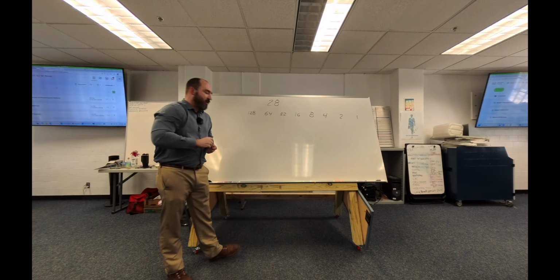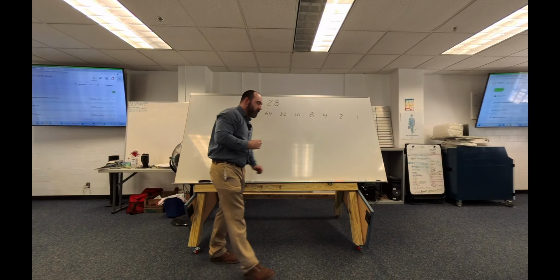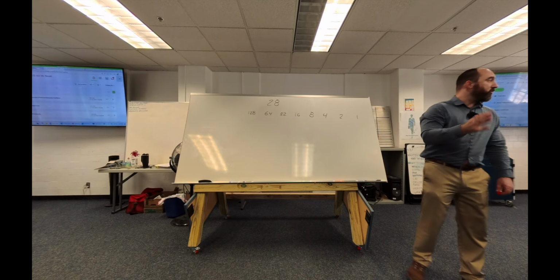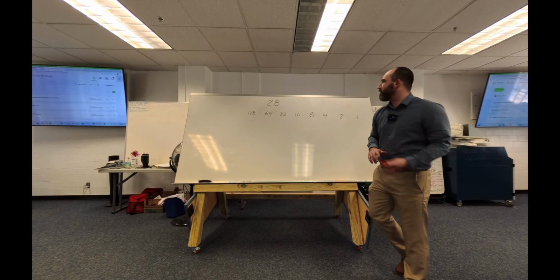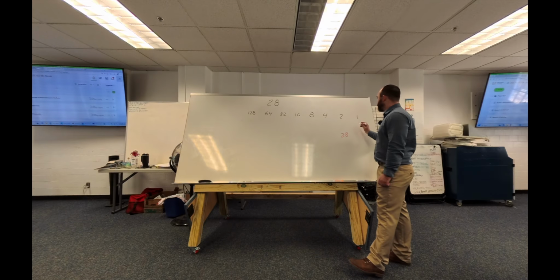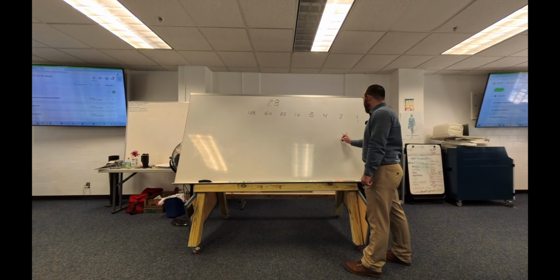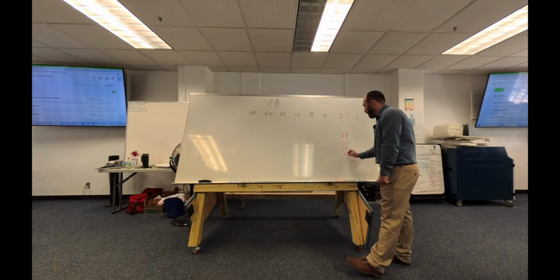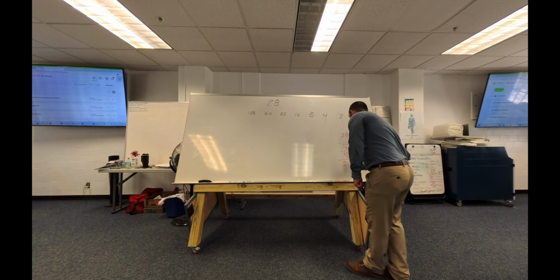All right, now when we're figuring this out, do you think we should start with the larger or the smaller numbers? The larger. Let's see what happens if we do it with the smaller ones. 28, does 1 go into 28? No. So minus 1, that gives us 27. Minus 2, that gives us 25. Does 4 go in there? Yep, that gives us 21.